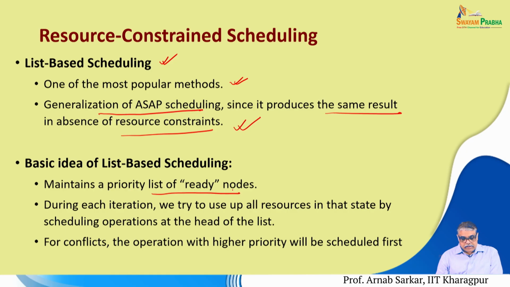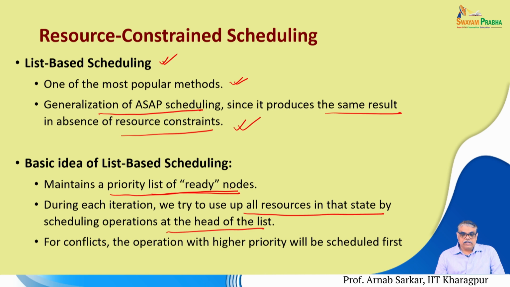At each iteration of the algorithm, we try to use up all resources, because we have a certain number of resources that is given to us. We use up all resources by scheduling operations at the head of the list. Why head of the list? Because it is a priority list. That means, we have sorted the list in some order, we have a priority order in the list.